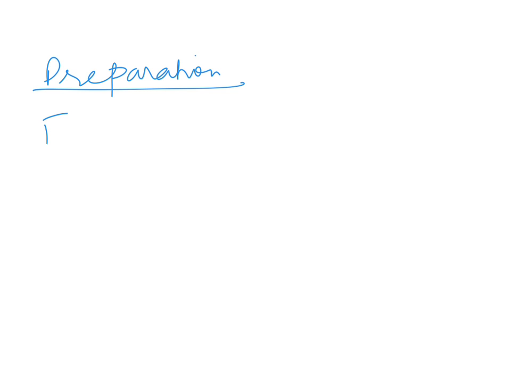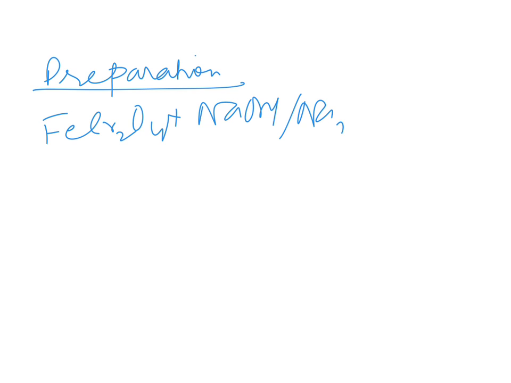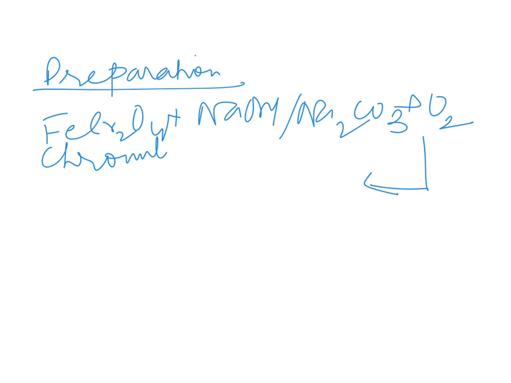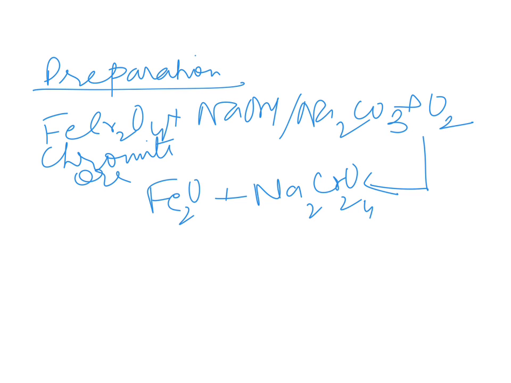If you take FeCr2O4, which is chromite ore, and react with NaOH or Na2CO3 and oxygen, you will get Na2CrO4 plus Fe2O3 plus CO2.